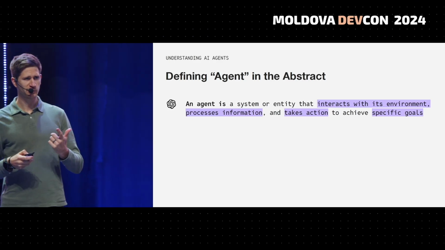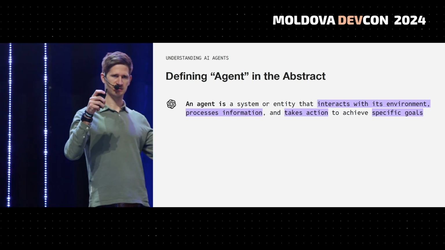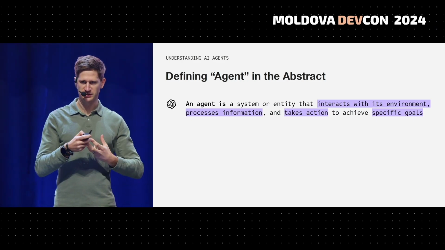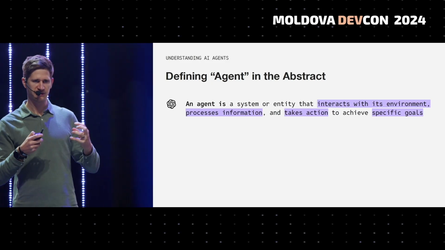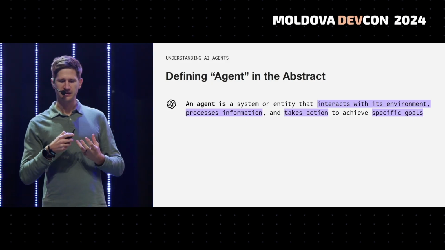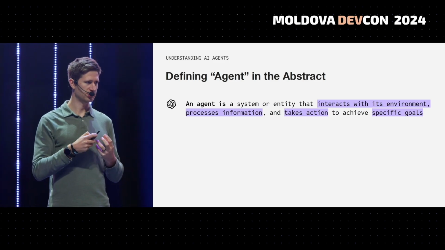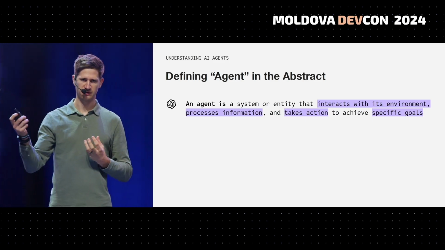Secondly, it's able to process information on its own. So during these interactions, it takes information and it can then make sense of this information. It can do something with it. And thirdly, given that sense that it's able to make, it can then take actions. So it's not just a read-only and consuming agent, it's something that can then have a stateful effect on whatever is around it.